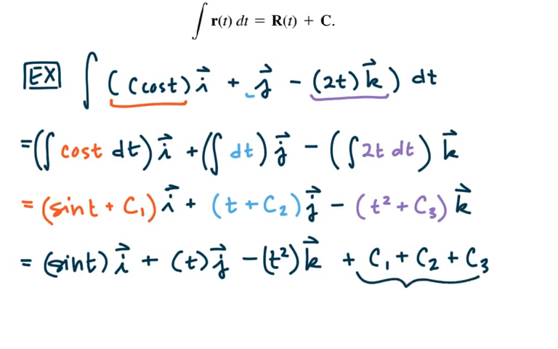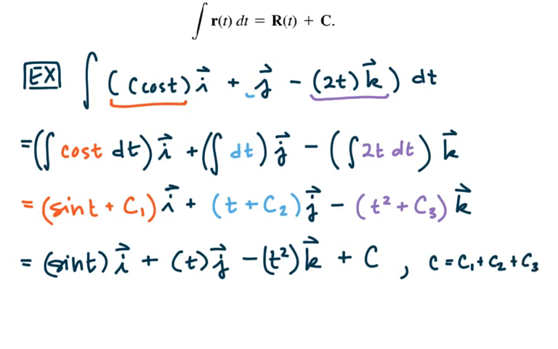Of course, I don't need to write all of those because the sum of 3 arbitrary constants is just another arbitrary constant. So I'll say plus c, and I'll put an addendum over here that says c equals the sum of c sub 1 plus c sub 2 plus c sub 3. Essentially, all you're going to do is integrate the component function for each term in your vector.